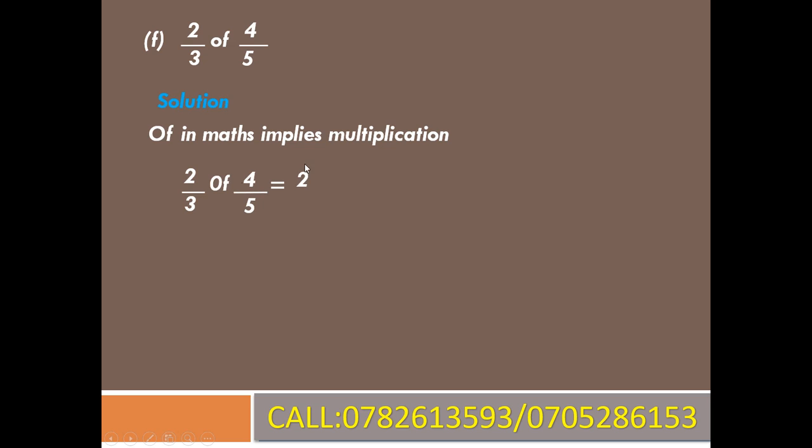So we shall have 2 out of 3 times 4 out of 5. With multiplication, I multiply the numerators together and then the denominators together, and that will give us 2 times 4 out of 3 times 5. That gives us 8 out of 15, as simple as that. So once you find an "of" in mathematics, simply know that that is a multiplication.